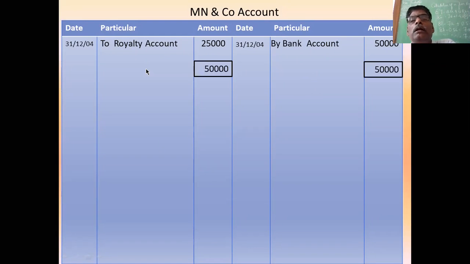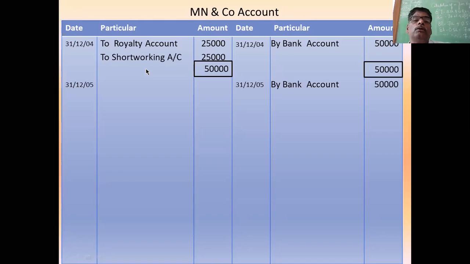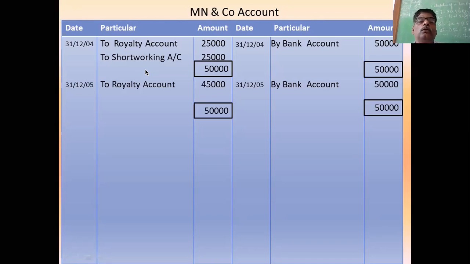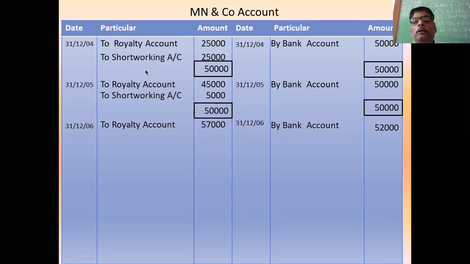Close the account, write the difference as short working, no doubt. Second year, by bank payment 50,000, to royalty account 45,000. Total 50,000, difference 5,000. Third year, by bank 52,000, to royalty 57,000, difference 5,000 by short working.